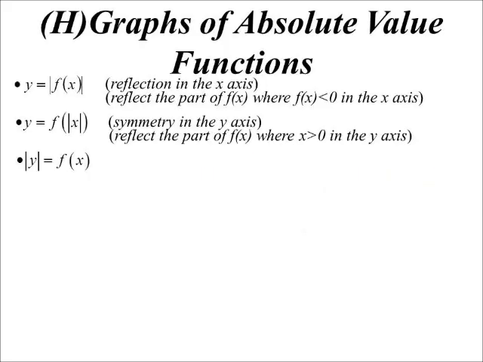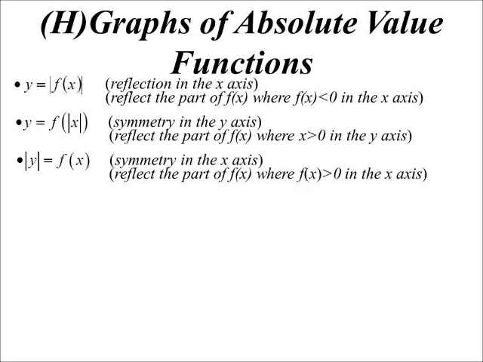Okay. The absolute value of y is equal to function x. So what's happening now? We're saying the absolute value of y is equal to function x. This also deals with the x-axis. But this time, we reflect the part of function x where function x is positive in the x-axis.